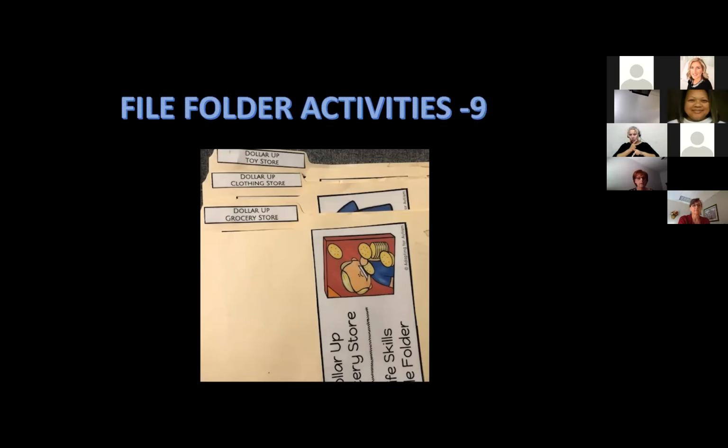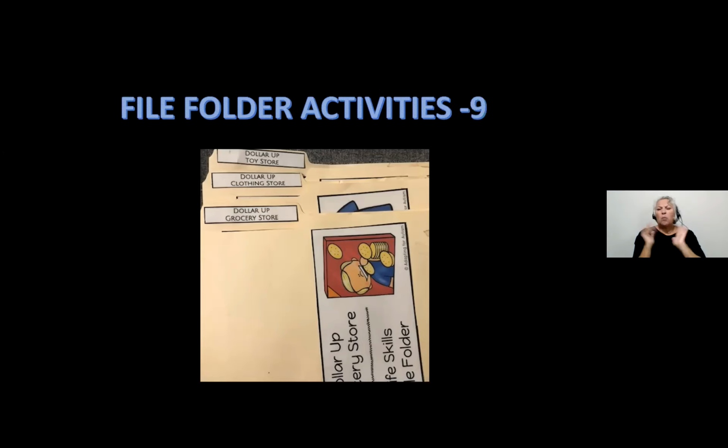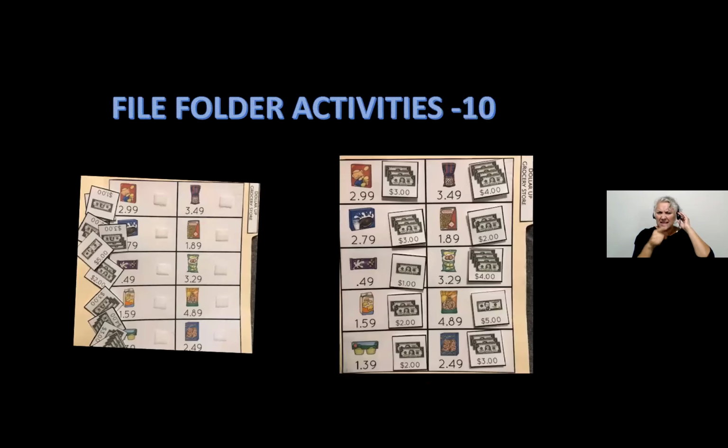And so here's just an example of, I think this is a grocery store dollar up. It gives you all the different pieces you see on the left, and then pictures with how much each item cost, and you would use a dollar to figure out how much money you would need.